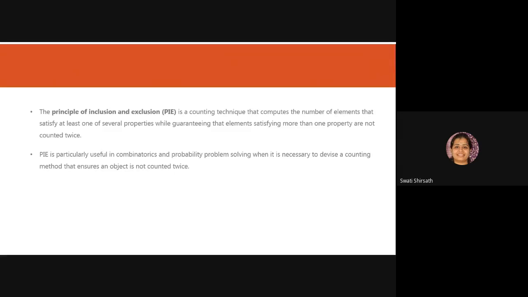These principles are used in permutations, combinations, or probability, where you want to find the probability of particular sets when they are combined together, or the combination of more than two or three sets. So this is how it can be used in probability and permutation combinations.